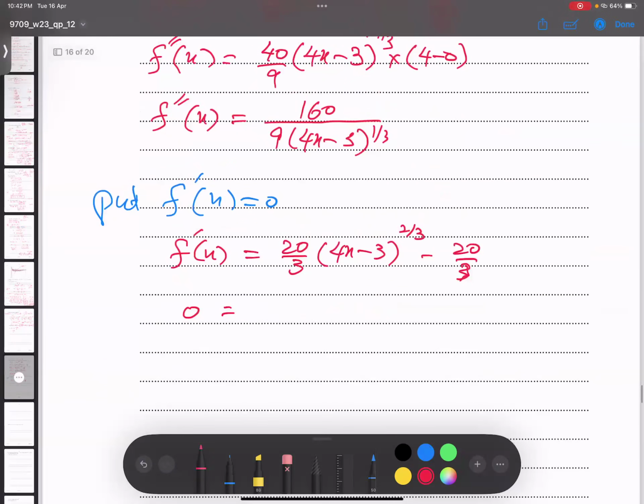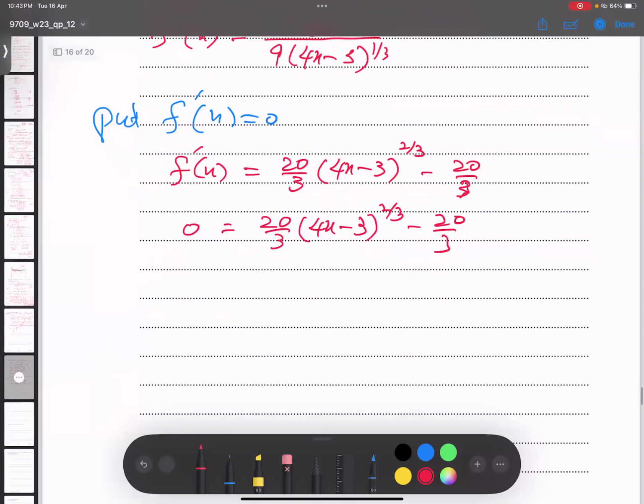So 20 by 3 and (4x minus 3) to the power 2 by 3, minus 20 by 3 equals 0. In this way, the chance of mistake reduces. The whole thing will divide and cancel out, and we get 1.